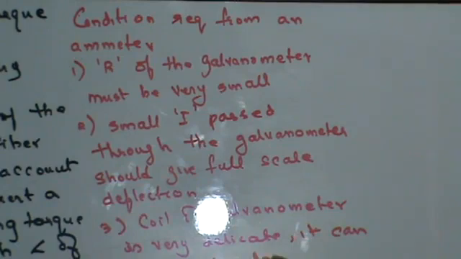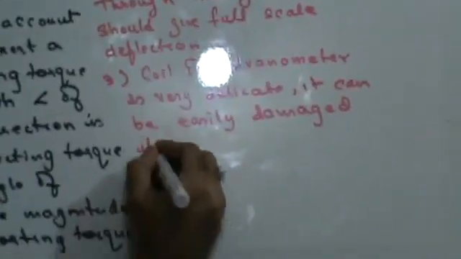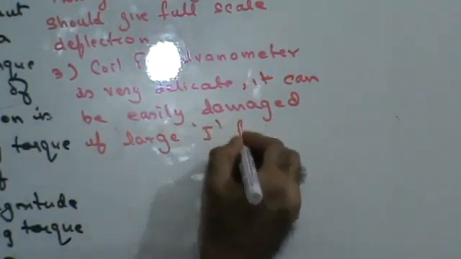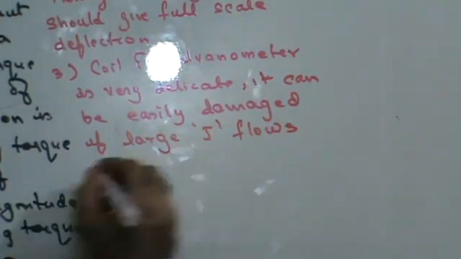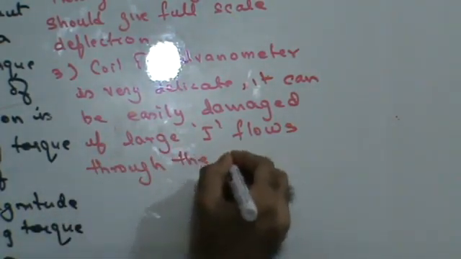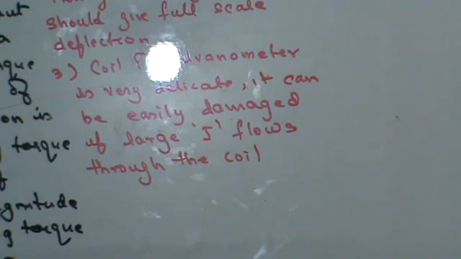Hence, it can be easily damaged if a large current flows through the coil. These are the reasons why a galvanometer cannot be used as it is as an ammeter. Right? Now, what is the modification?